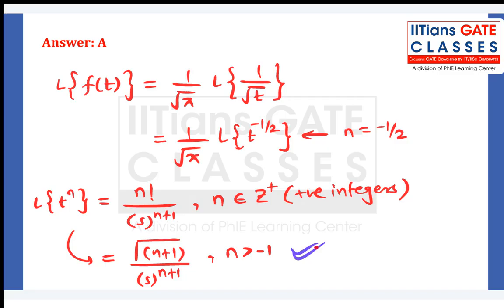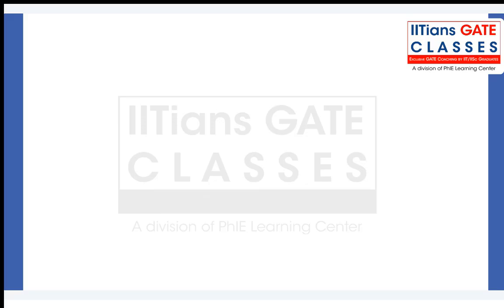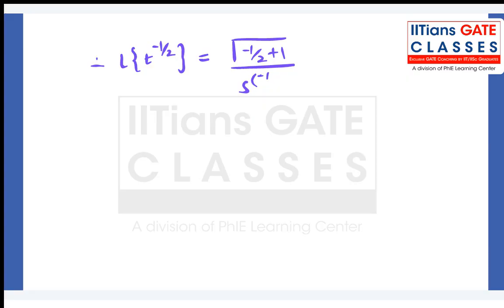So we are supposed to use the second formula. Let's do that and get the answer. Therefore the Laplace transform of t to the power minus half will be equal to the gamma function of minus half plus 1 divided by s power minus half plus 1.